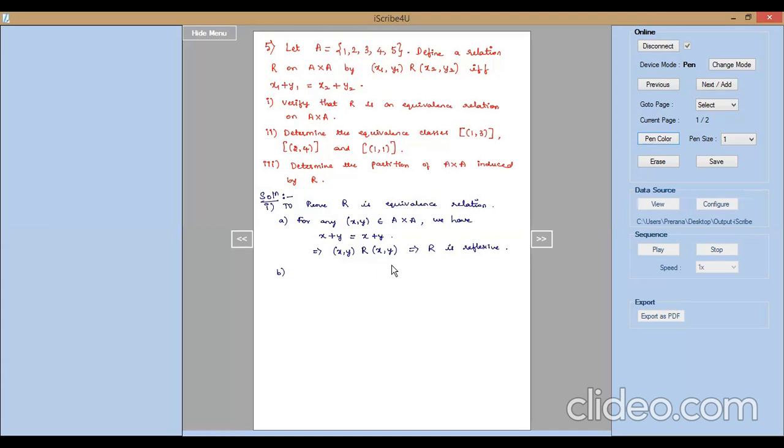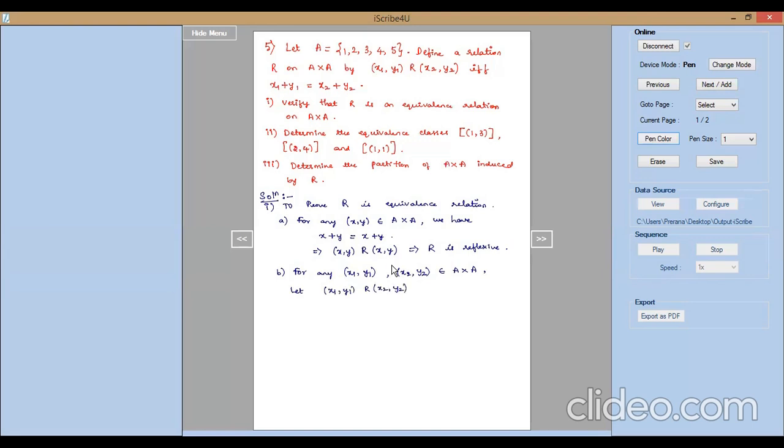Now in the B part, we have to prove R is symmetric. So I take any pair (x1, y1) and (x2, y2) belonging to A cross A, and let (x1, y1) be related to (x2, y2).